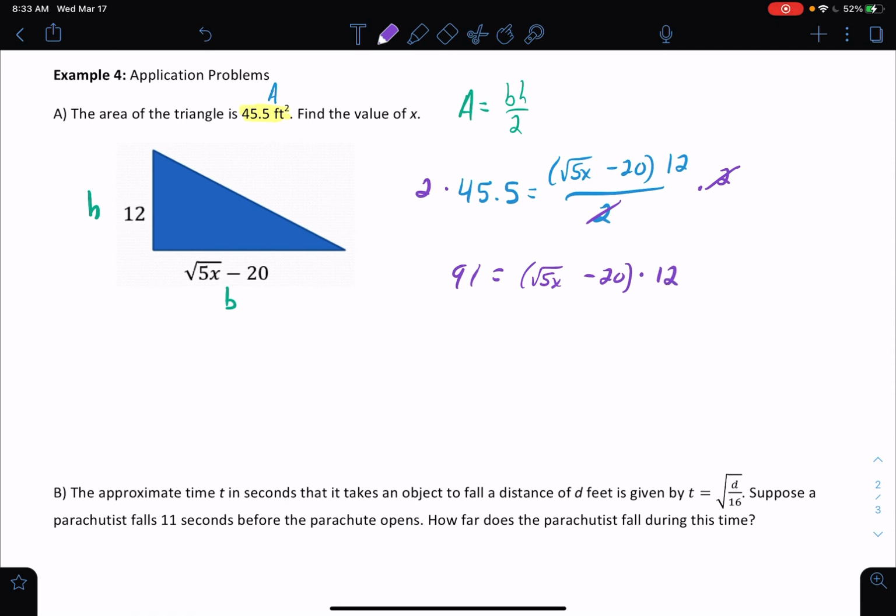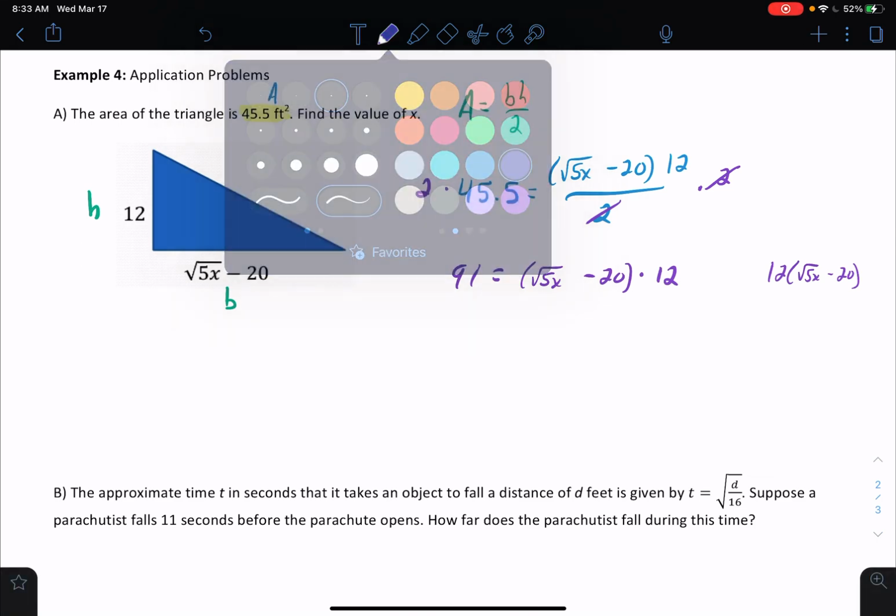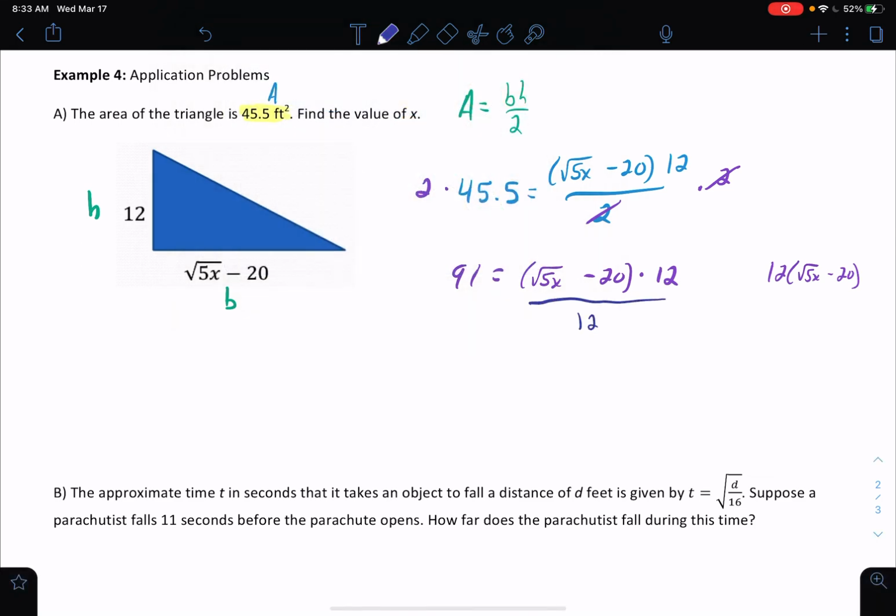Okay, so this looks a little bit different, like it might be more common to see it written like that. But either way, at this step, we can divide both sides by 12, because I want to get that group in parentheses by itself. And I divide both sides by 12, that's going to cancel that out.